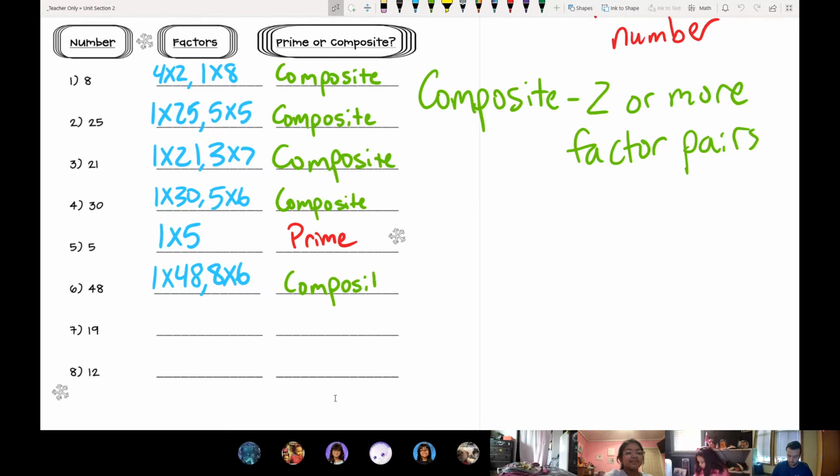Malia, did you come up with one? What was the other factor pair or another one? 26? Close. 27? No, wrong way. Wrong way.